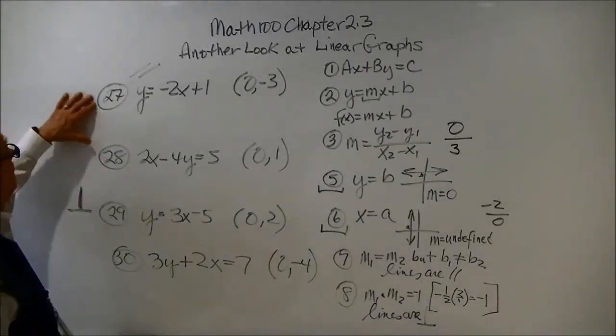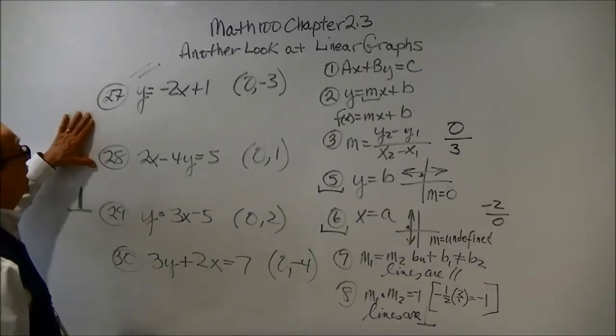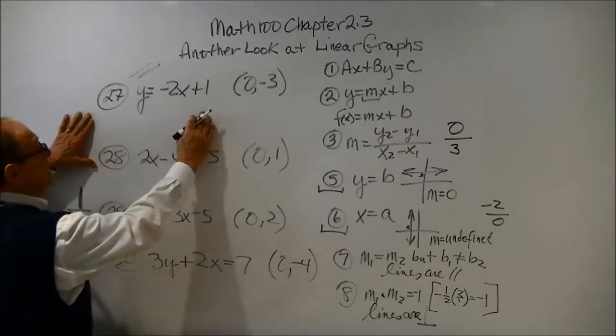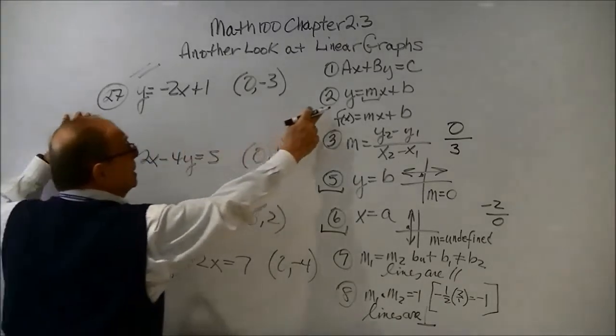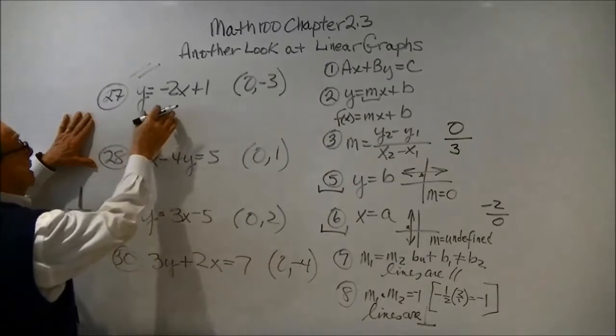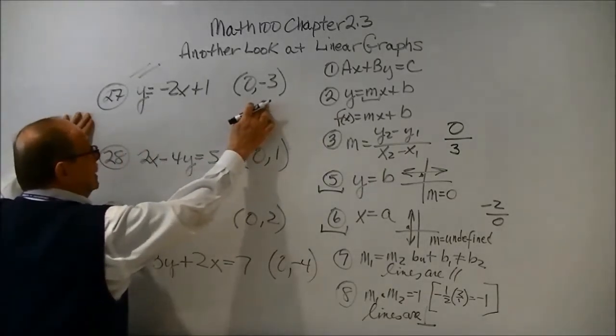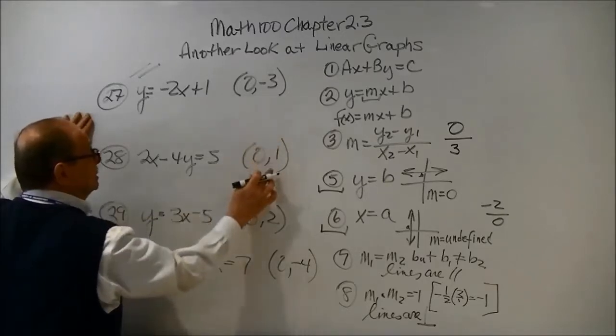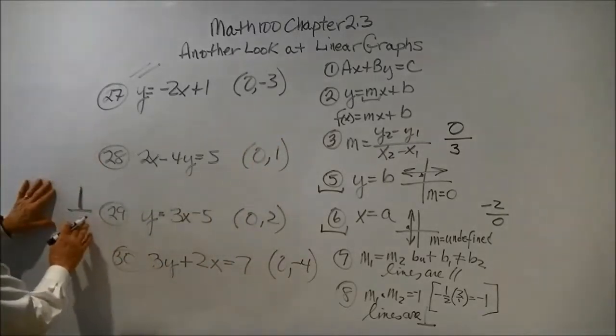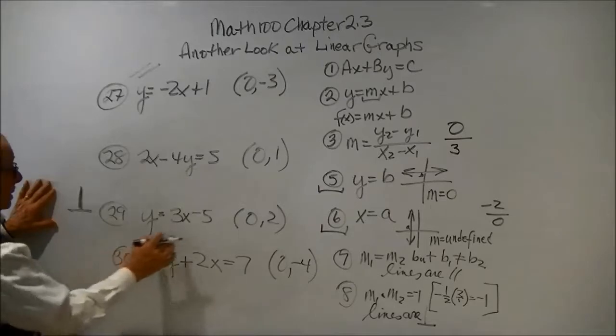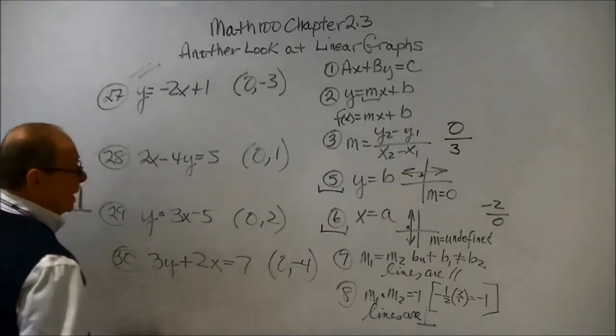For these two, 27 and 28, they want you to write an equation in slope-intercept form that is parallel to this, but goes through this y-intercept. And for these, they want equations that are perpendicular to these and go through this y-intercept.